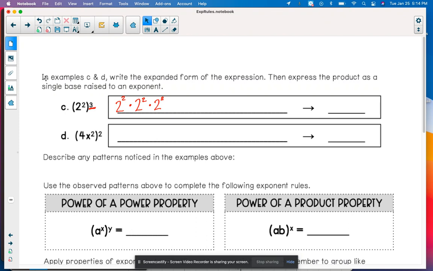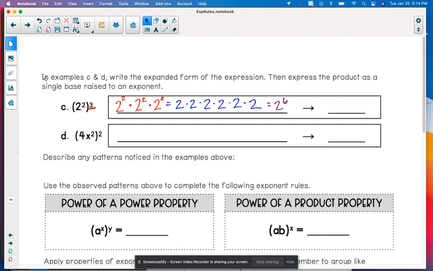And then if I wanted to expand it further, this is 2 times 2 times 2 times 2 times 2 times 2, because that is 6 2's. So 2 to the 6th.